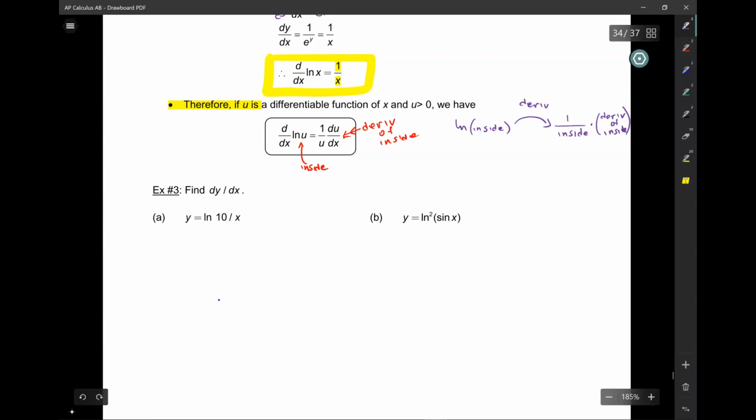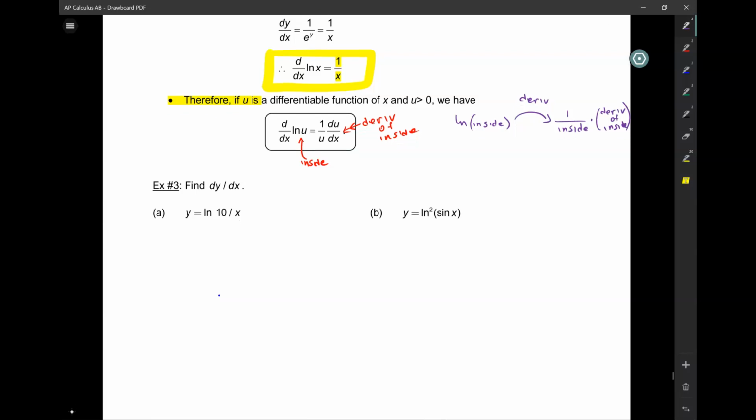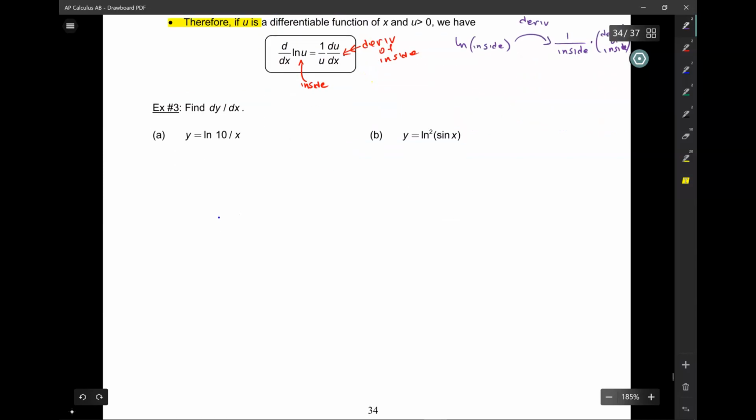Okay, all right. So find dy dx. Here I have ln of 10 over x. Let me rewrite that as ln of 10 over x, which is 10x to the minus 1.